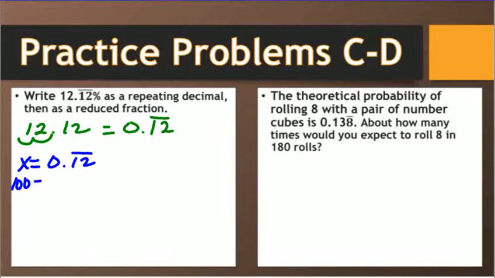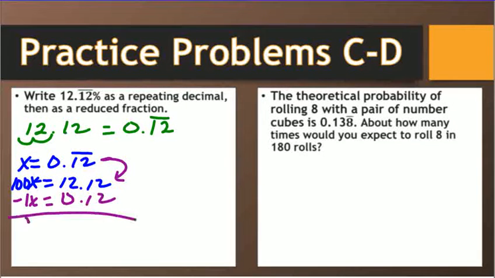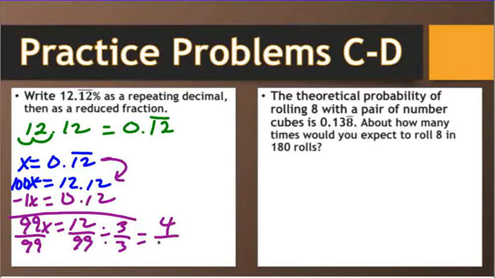So 100x equaling 12.12. Subtract this equation from the second one, so minus 1x equaling 0.12. We get 99x equaling 12. Divide by 99. I can divide this by 3 over 3, and I get 4 over 33.